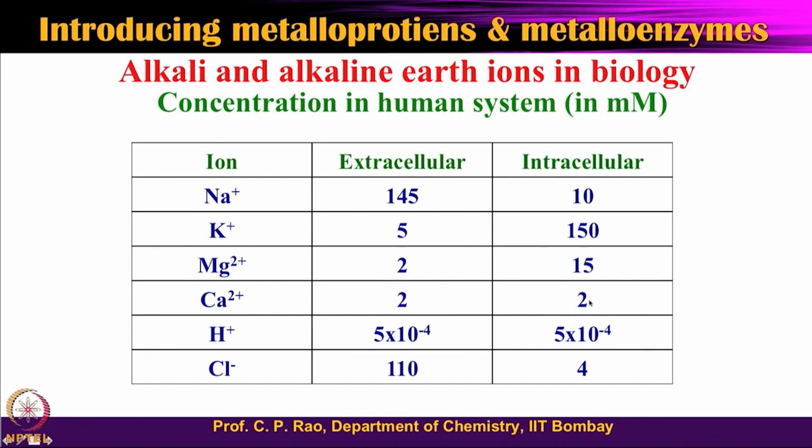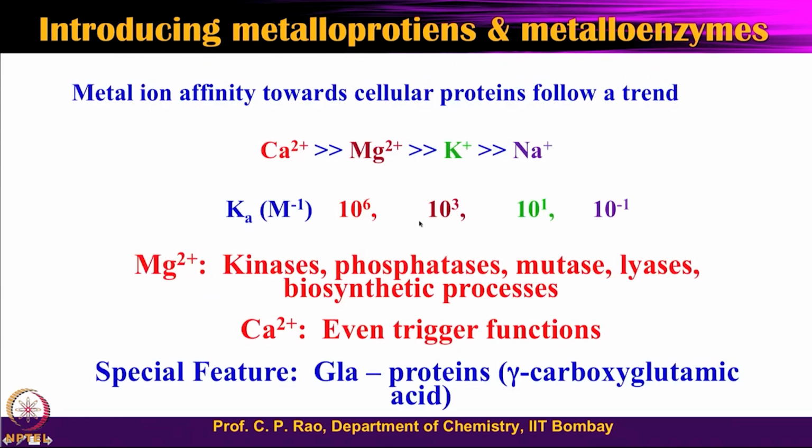Now, how is it doing that? Yes, you know very well that the calcium proteins have a special affinity towards carboxylic groups, carboxylate moieties. Therefore, some of the post-translational modifications give additional carboxylate moieties too. Overall, in a very general fashion, calcium binds to proteins much more strongly, with a binding constant in the 10 power 6 range, 10 power 3 range for magnesium, 10 power 1 range for potassium, and 10 power minus 1 range for sodium.